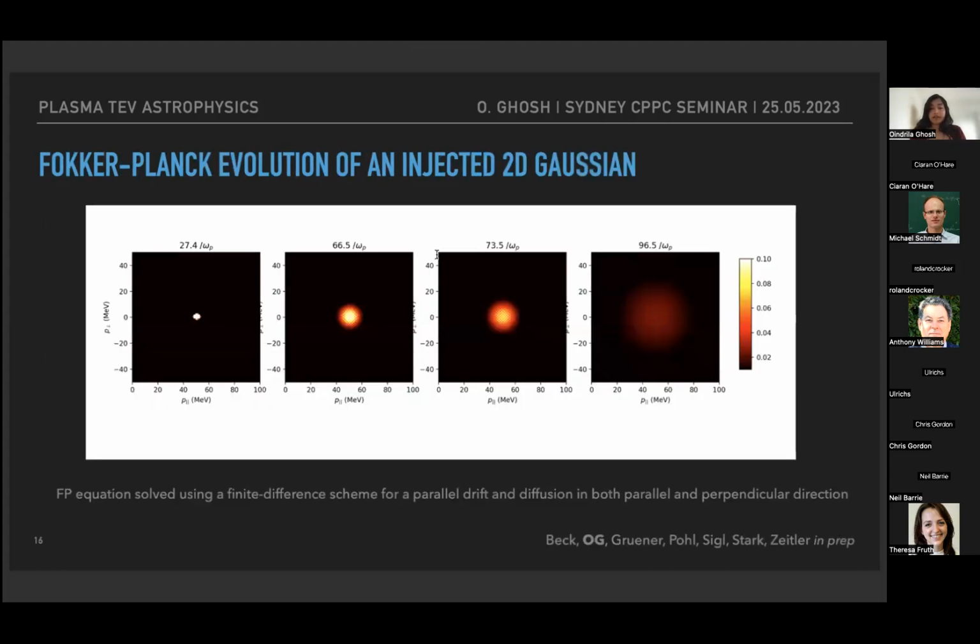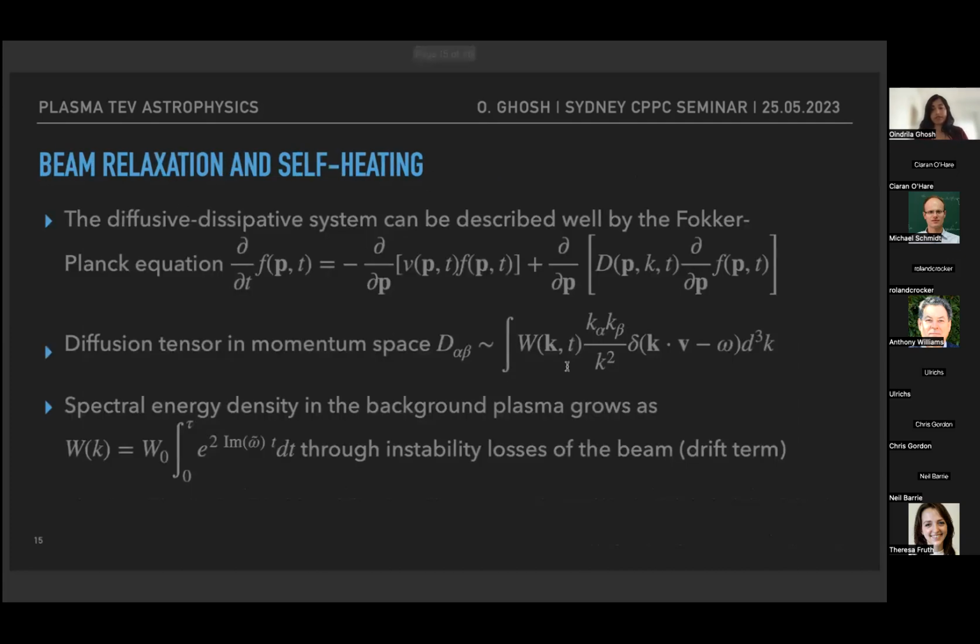And in another work with my Hamburg colleagues, I explored this Fokker-Planck evolution. I simulated a two-dimensional Gaussian pair beam and its time evolution, taking into account these instability losses as the drift term, and the diffusion coefficients could be described both in the parallel and the perpendicular direction in terms of this relation.